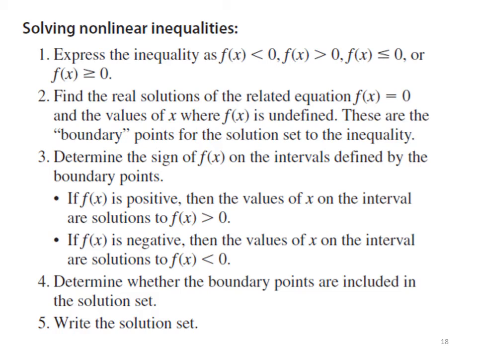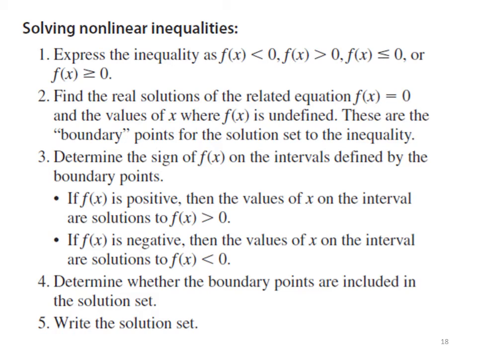Now, if f of x is positive on an interval, then the values of x on that interval will be the solution for f of x greater than 0. If f of x is negative, then the values of x that make f of x negative will be the solution to f of x less than 0.